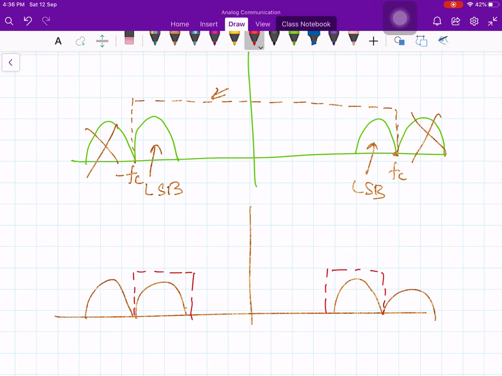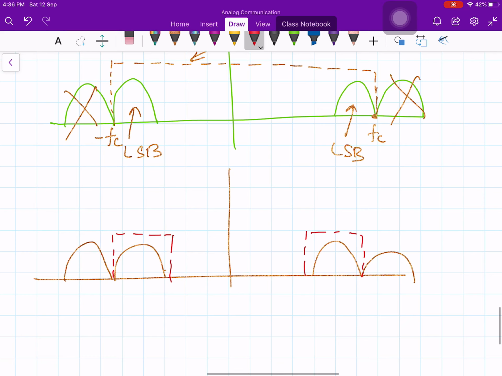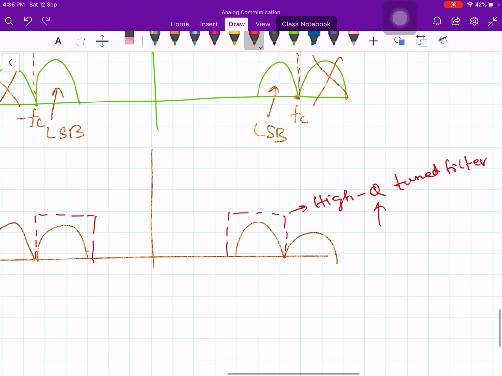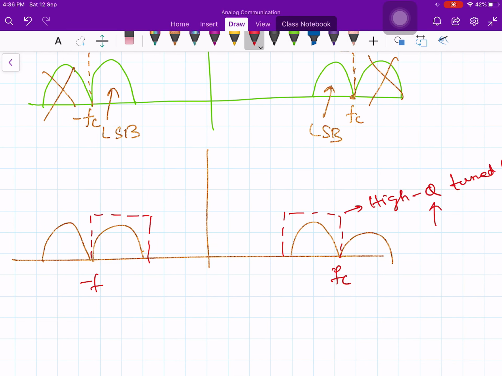Basically you require what is called high Q tuned filters. This kind of characteristic will be given by high quality factor, high Q, tuned filters. High Q means very high value. Basically you require these frequencies plus Fc, minus Fc, Fc plus B, which are very high, and the bandwidth will be very small.